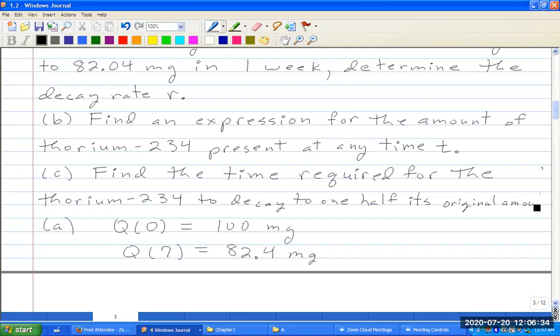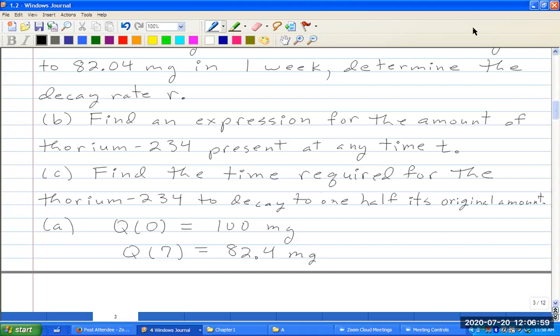Sorry, I was having some problems with this. Half its original amount.